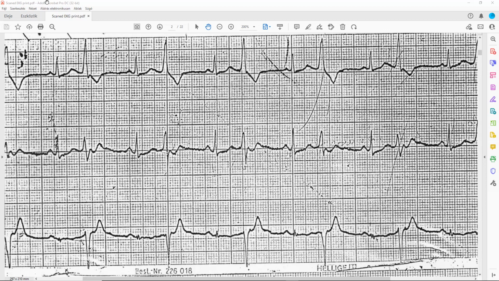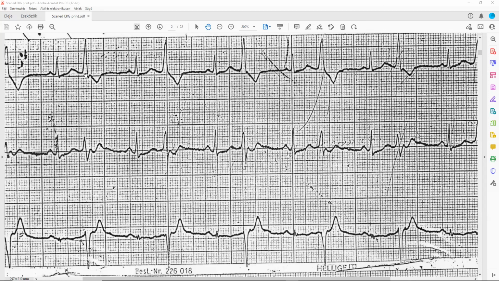So what does it mean? It means that every second beat comes earlier, and this QRS complex is wider. Now, what does it mean? It's not 1 to 2.